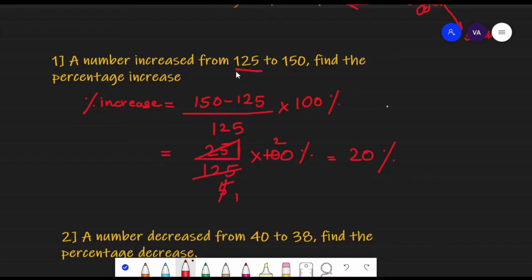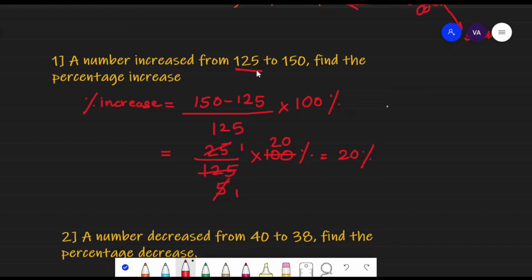This number 125 has increased to 150, so it has increased just 25 out of 125. But we are asking percent, per 100, how much it has increased. It has increased only 20 per 100. Though it has increased 25 here, that is per 125. We want percent increase, that is per 100. It is just 20.